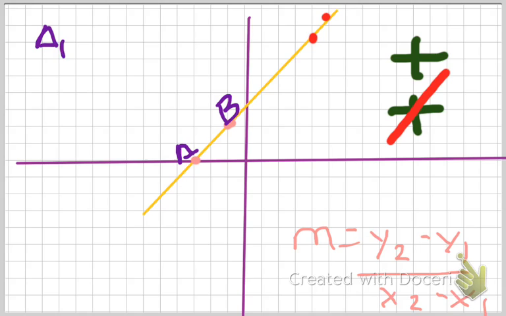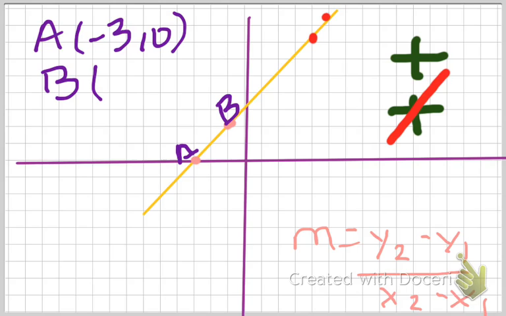So A is -3 and 0, and you always write x first. B is -1 and 2. Let me show you that in red so you can see it. Go over 1 to the left and go up by 2, so you put -1, 2.